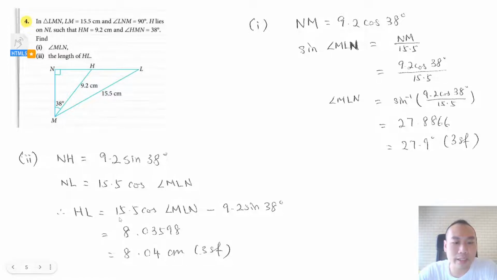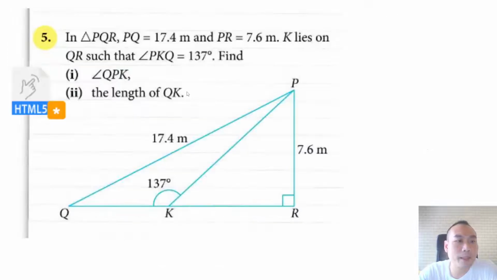Once we have the expression right, replace the angle MLN with our answer from part 1, and press the calculator carefully, we should get 8.04. So the idea is you find the length NH, you find the length NL, and then find the difference. That's one way you can do this.